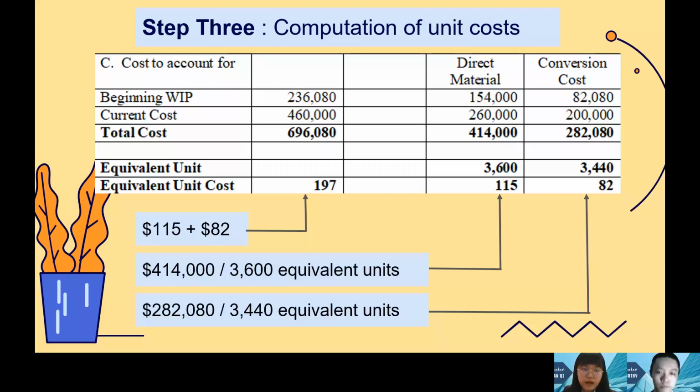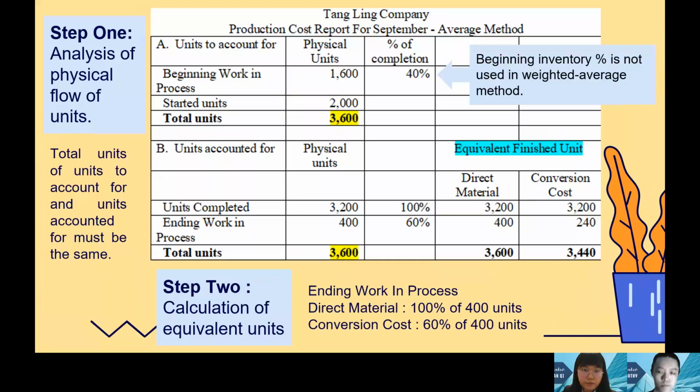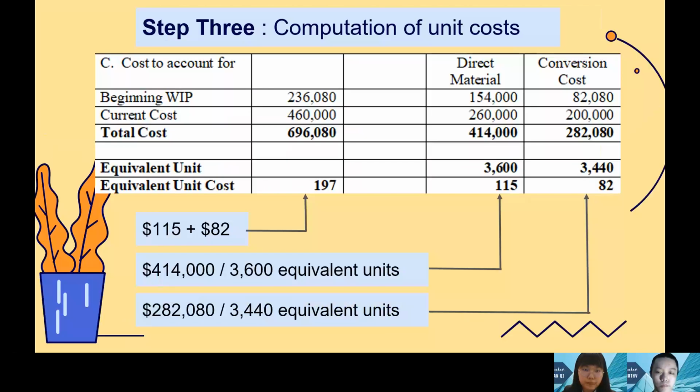696,080. The equivalent unit is taken from the previous slide, which is direct material 3,600 and conversion cost 3,440. So we will divide. For direct material, 414,000 divided by 3,600, we will get 115.